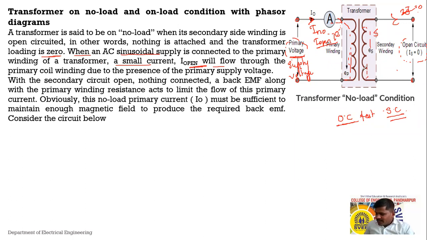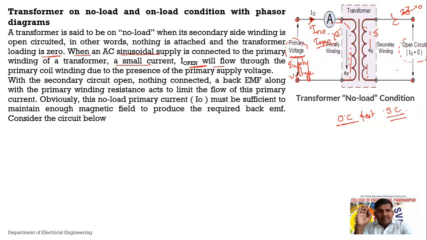So due to the magnetic coupling between primary winding and secondary winding, on the secondary side of the transformer some EMF will be induced, but the secondary circuit is open circuited. So there is no current flowing from the secondary side. Secondary side मधून current flow होणार नाहीये. That is the no load condition. So this condition is nothing but transformer on no load.